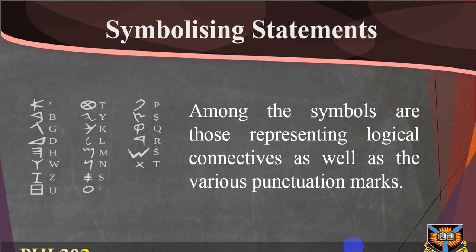Bracket open, P dot Q, bracket closed, or R, and P dot bracket open Q or R bracket closed. In the first one, that is P dot Q or R, we have false, false, true, true, true.